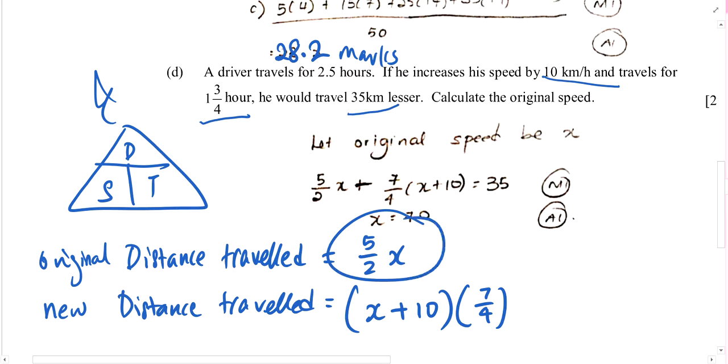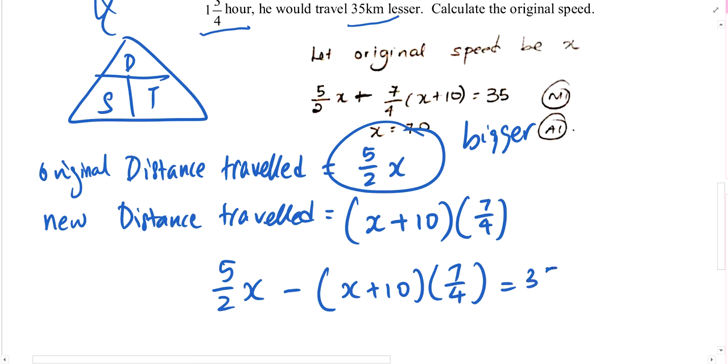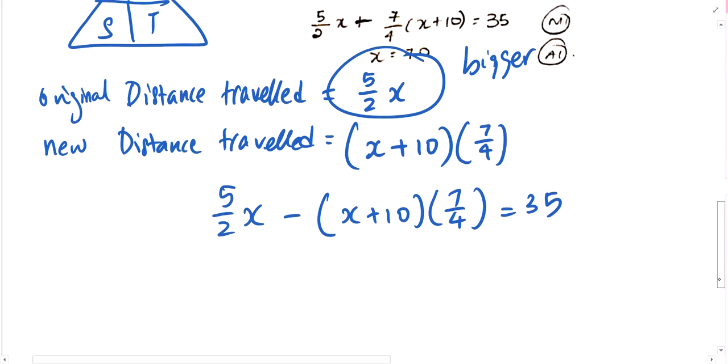So this one is bigger, right? So the bigger value minus the smaller one, 5 over 2x minus the smaller distance, x plus 10, 7 over 4, this gives us 35. Because the difference is 35.